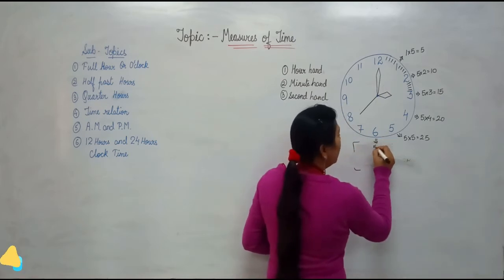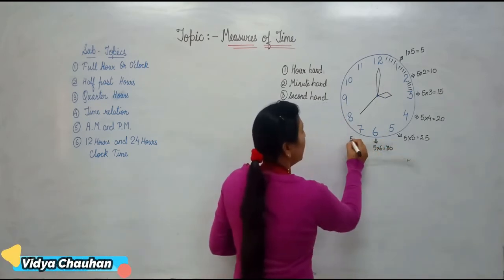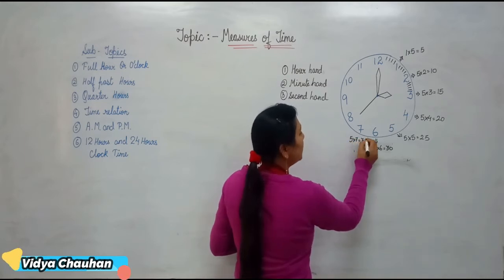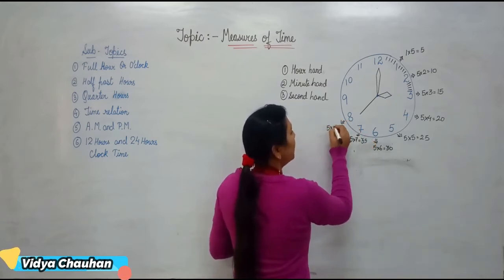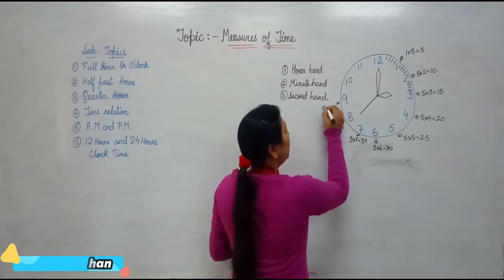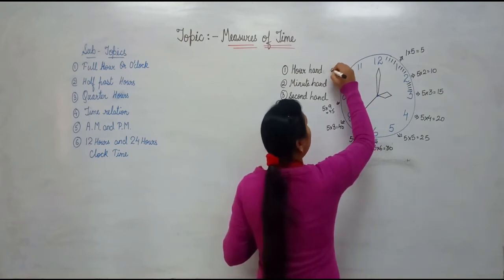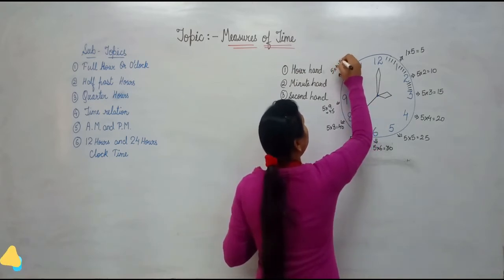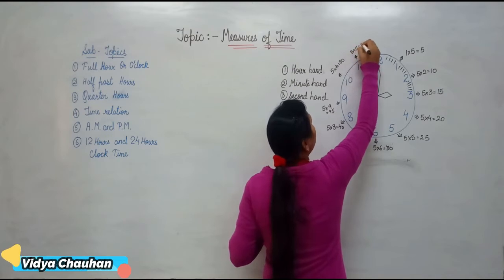Then 5 into 6 equals 30. 5 multiplied by 7 is 35. 5 multiplied by 8, 40. Next, 5 multiplied by 9, 45. 5 multiplied by 10 is 50. 5 multiplied by 11, 55.